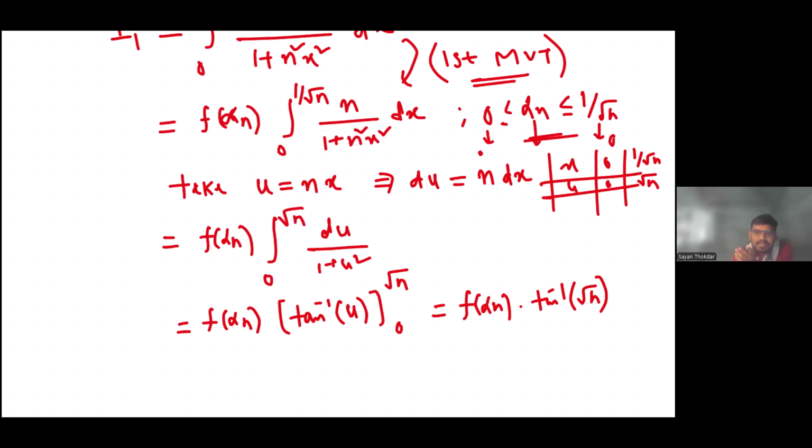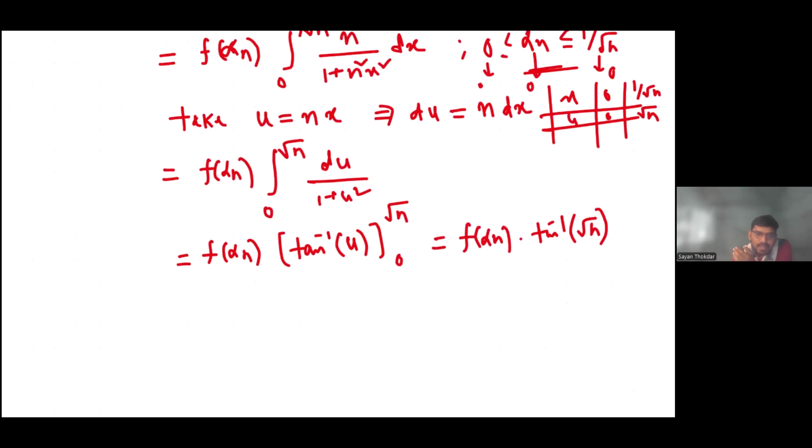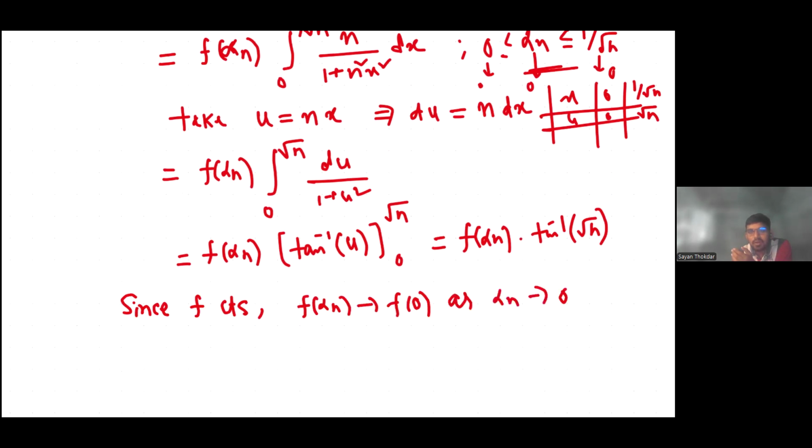Since f is continuous, f of alpha n goes to f of 0 as alpha n goes to 0, by the sequential criterion of continuous functions.